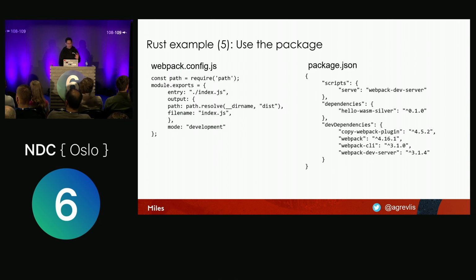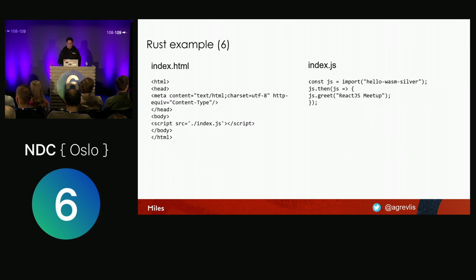And then we can use it just as we use any other package. We create a webpack config file where we define the entry point to our application. We create a package.json file where we define that we want to use this hello-wasm-silver npm package that we just created in our previous step. And then we can create an HTML file where we refer to this index.js file.